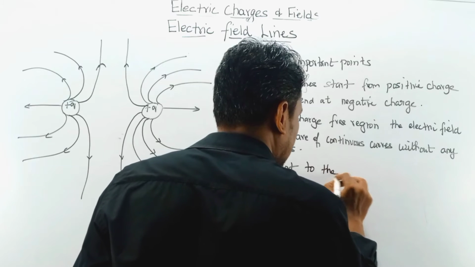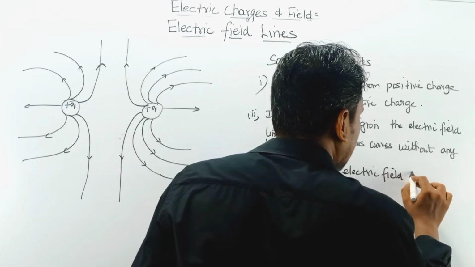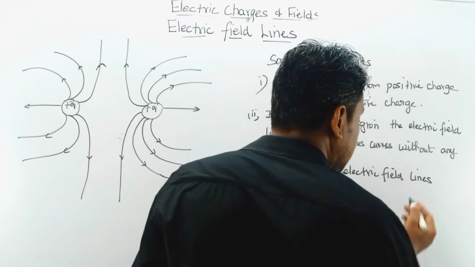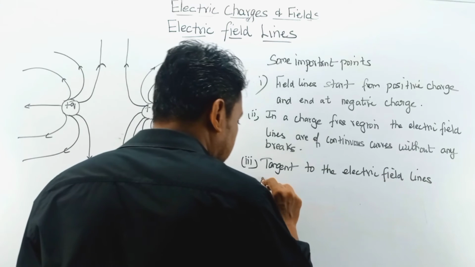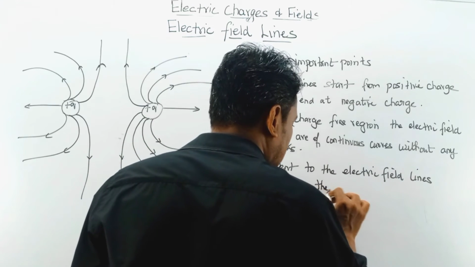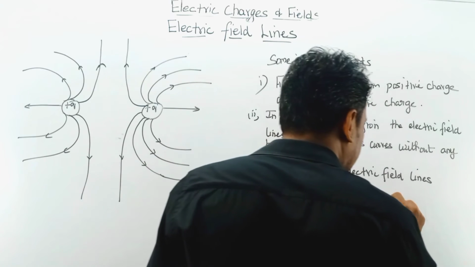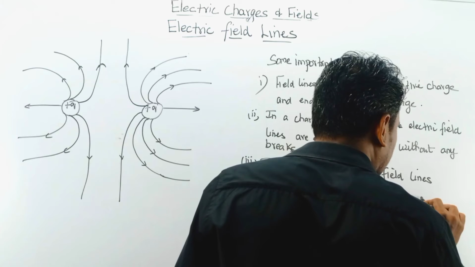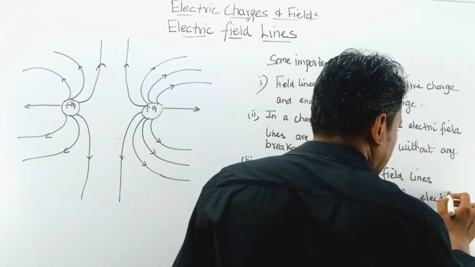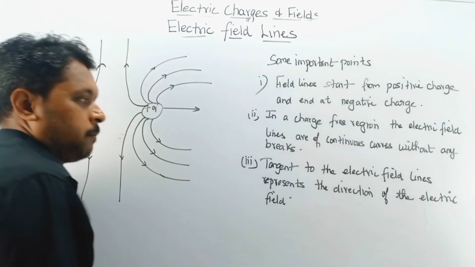Tangent to the electric field lines. The tangent to the electric field lines represents the direction of the electric field.